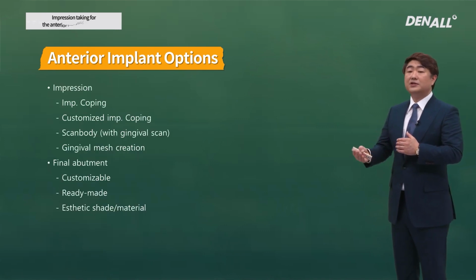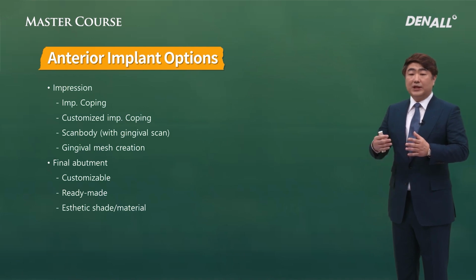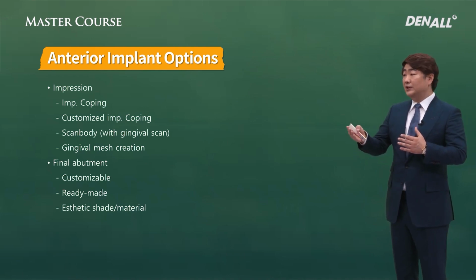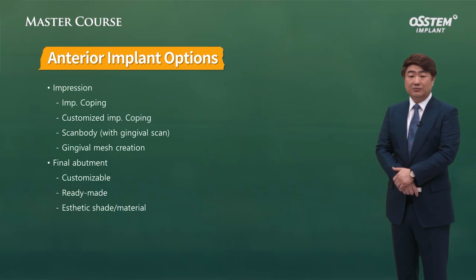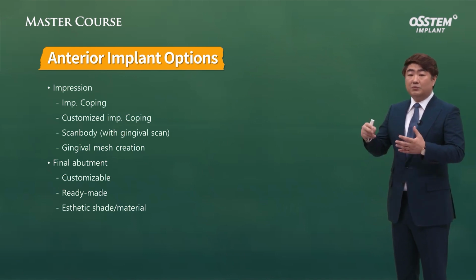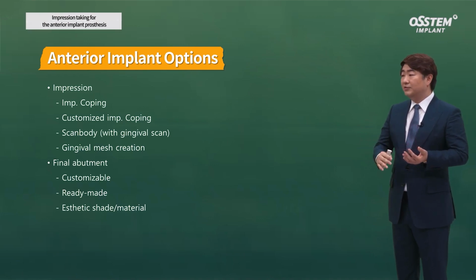And a customized impression coping is the best way, but if you can use CAD/CAM and scan it, then without using a customized impression coping, you can reference the temporary running room. So the copied running room can be referenced to select or design the final abutment, and the abutment aesthetics can be preserved.